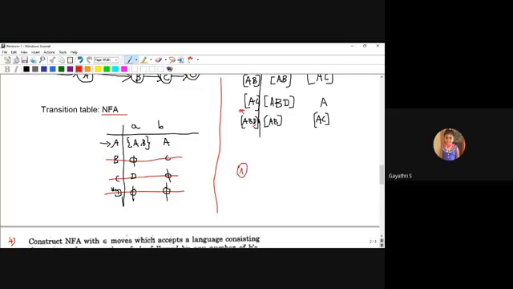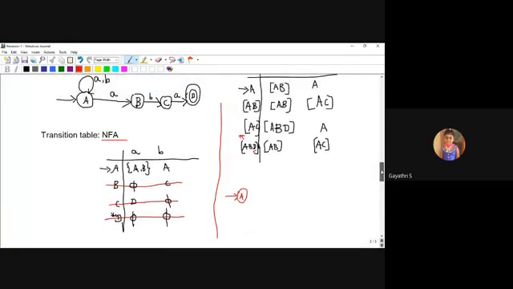A is the starting state, right? On receiving A, A goes to AB. A on B stays in the same state. AB on A, same state. AB on B goes to AC state.